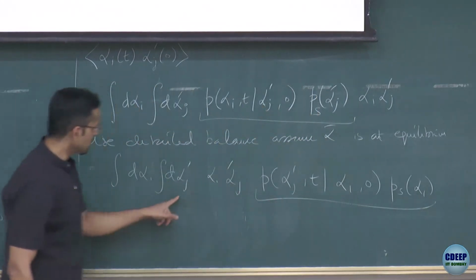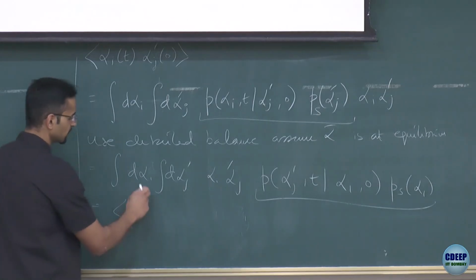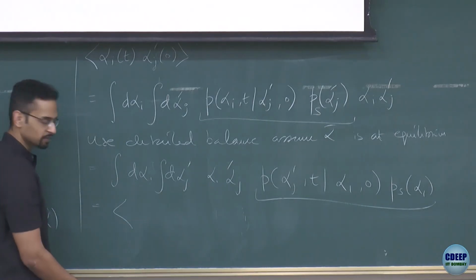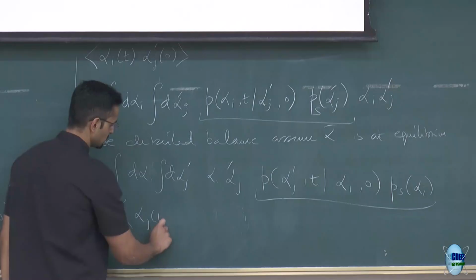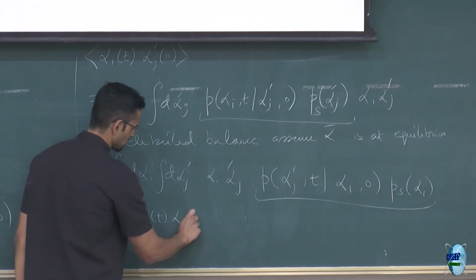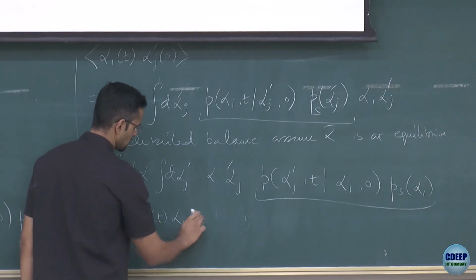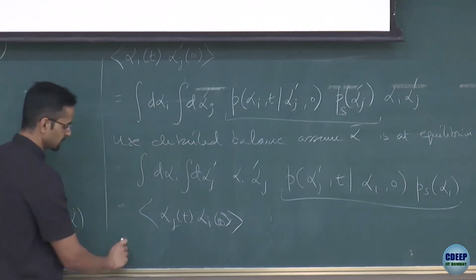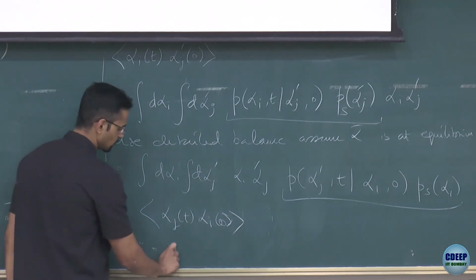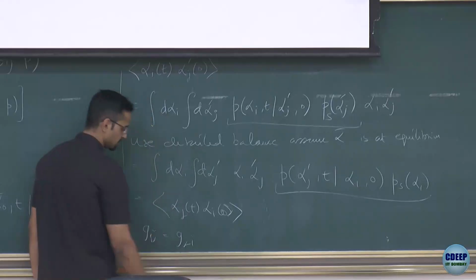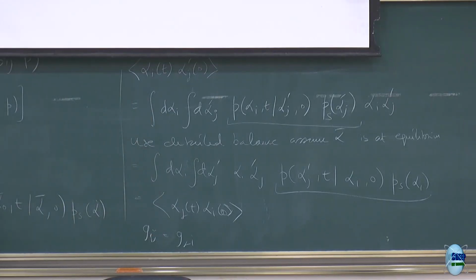But now if you look at what I have, it is the same as the autocorrelation where alpha i is the initial point. Therefore G_ij is equal to G_ji, and therefore the D will also be symmetric.